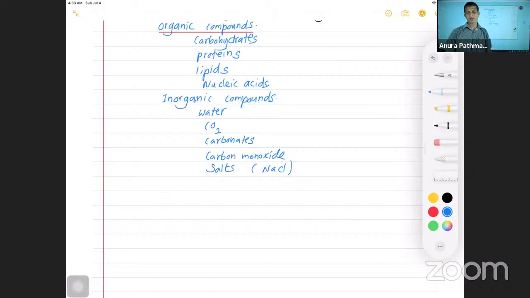Most of the A-level chemistry is based on organic compounds, those which necessarily have carbon, and most of the time hydrogen, oxygen, halogen, and so on.